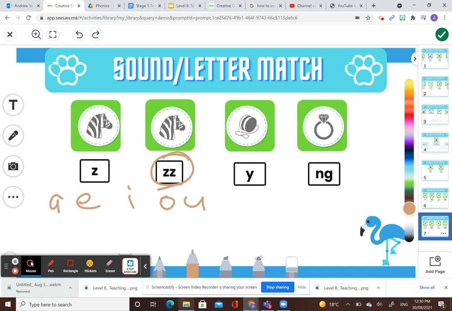So let's say that the word is fuzz. We're going to go f, and then up, and there's my short vowel sound. Now I can hear z comes after it, but because the z comes after my short vowel, I need to double the sound there.